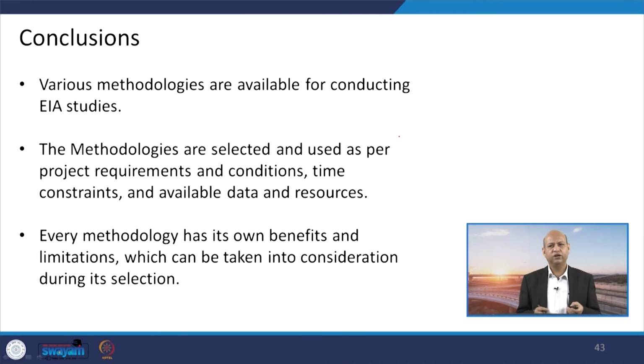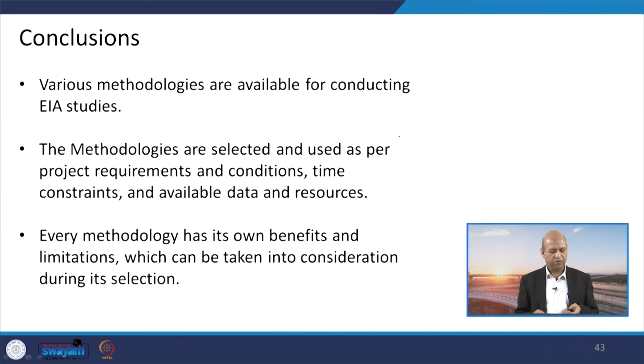So, in a nutshell we can conclude that different methodologies are there for environmental impact assessment, and they have their own good points and some limitations, and we have to use a particular method depending upon the context. It is not necessary that every method is applicable to all situations. Depending upon the situation, like screening and scoping, we use a simple checklist.